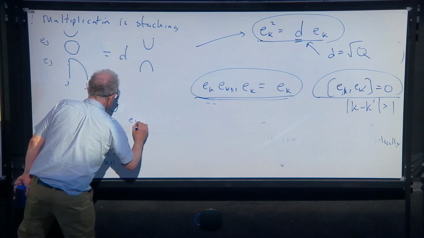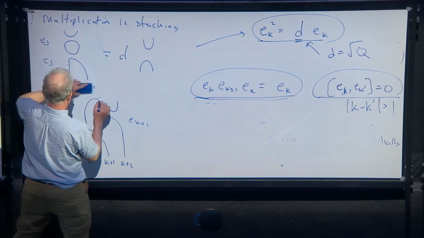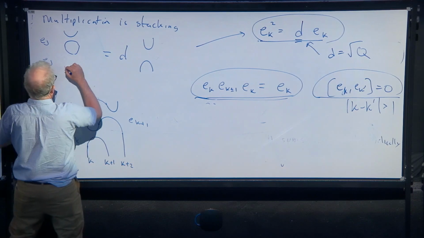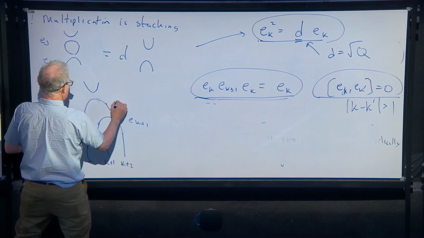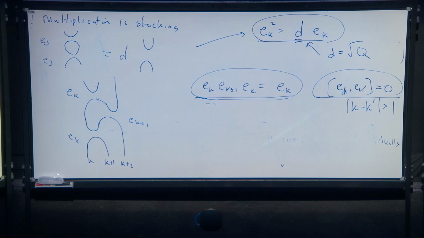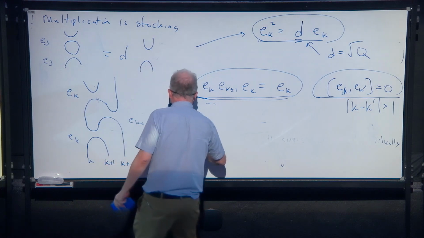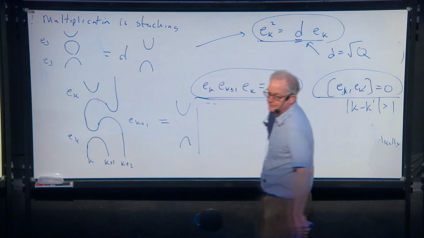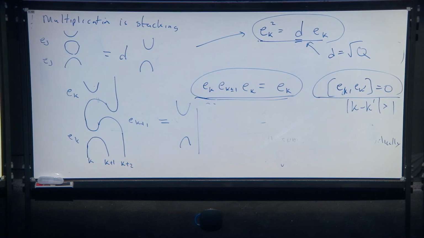This is EK plus 1. But then I do an EK again. And you see, topologically, I can just deform this back. This equals that. Topologically. So this is what topology has to do with all this. So that's the temporally Lieb algebra.